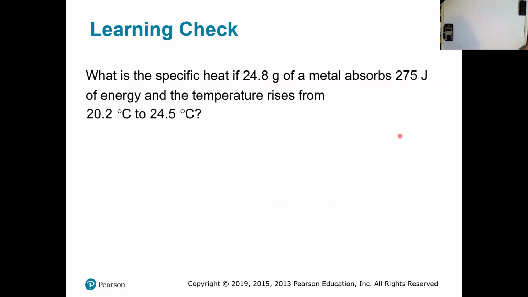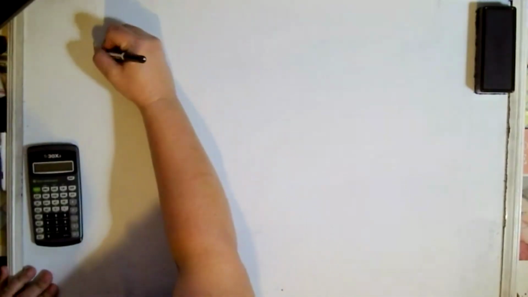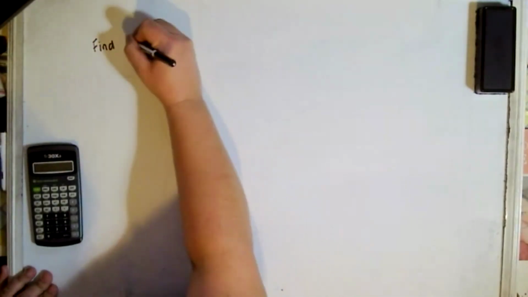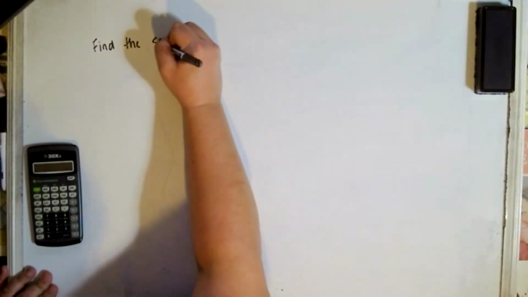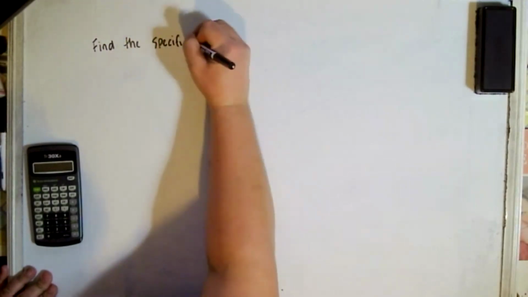So we are going to look at a few examples here. The first example, it says, what is the specific heat? So we're going to be finding the specific heat. And they're giving us some information.